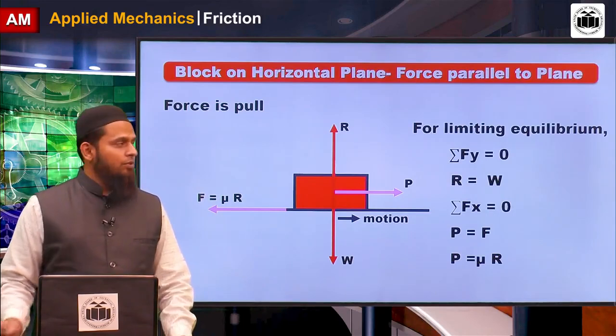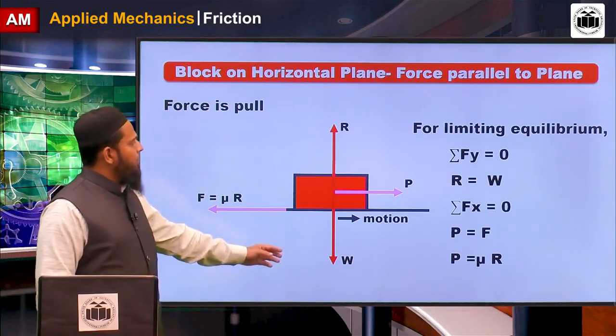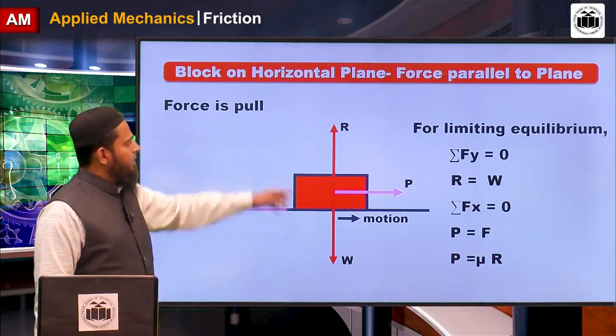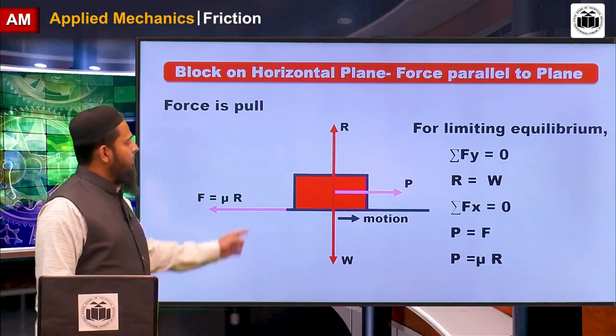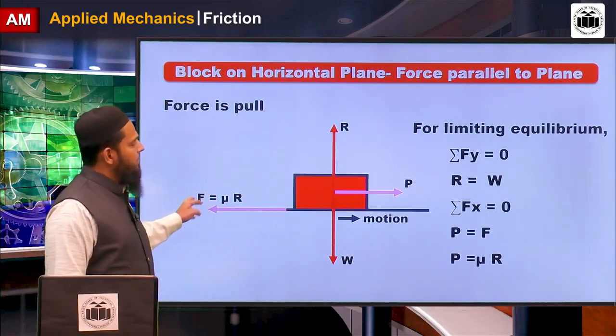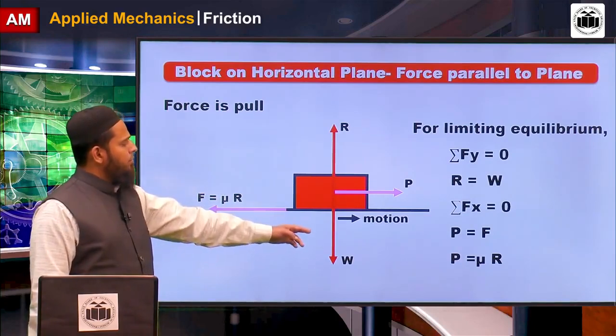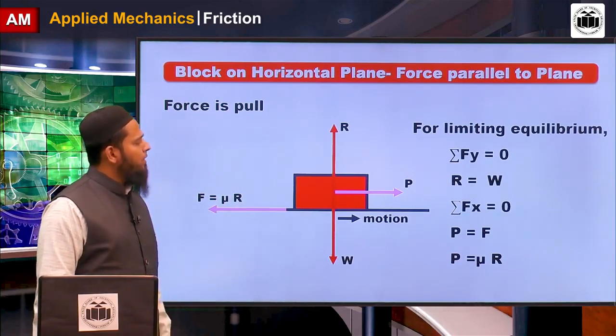Summation Fy is equal to 0 means W is balanced by this R, and Fx is equal to 0 means P is balanced by this F. Now P is equal to mu R.